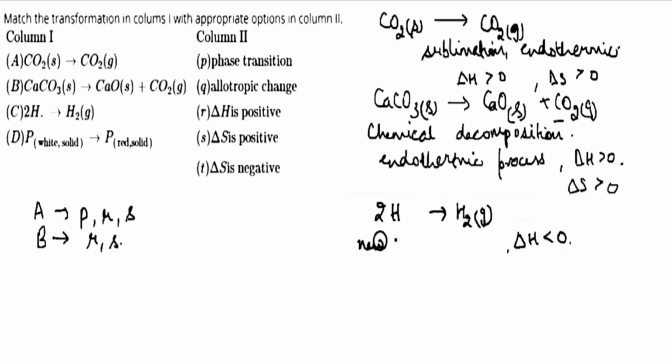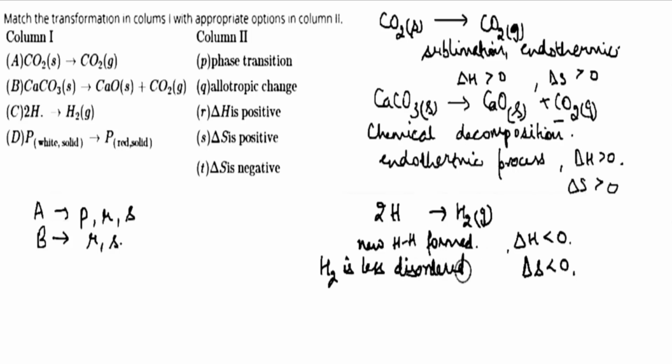As the product is less disordered than the reactant, delta S is also less than 0. H2 is less disordered. So option C will go with only T, that is delta S is negative.